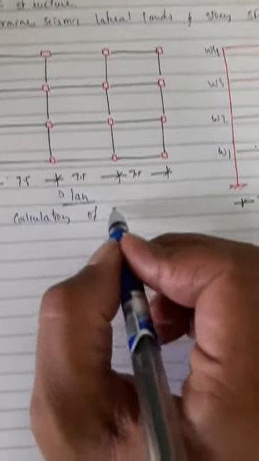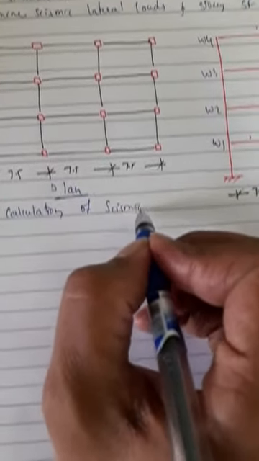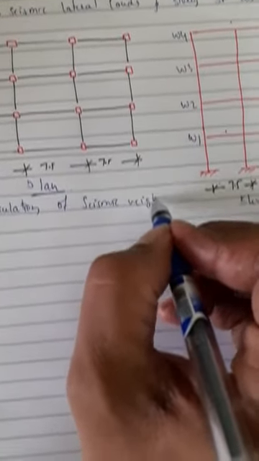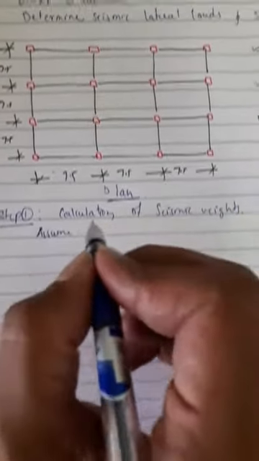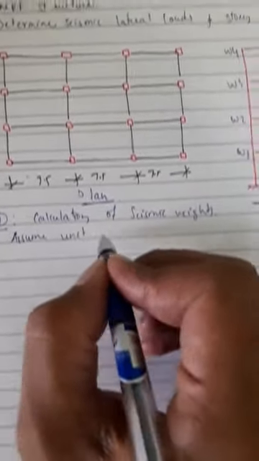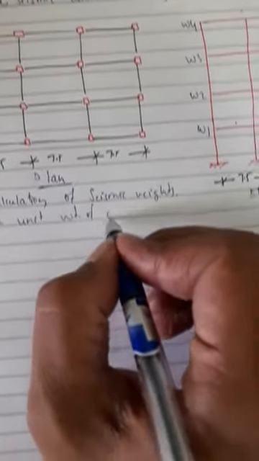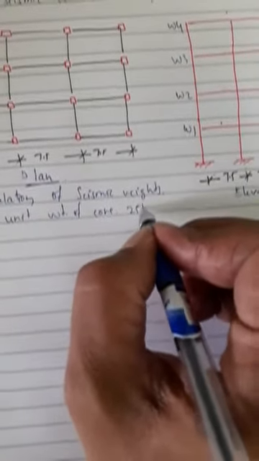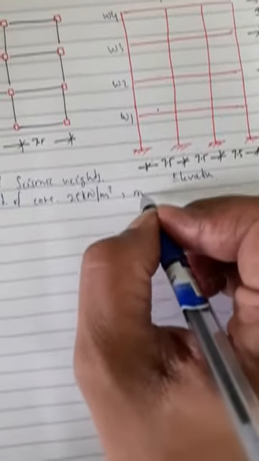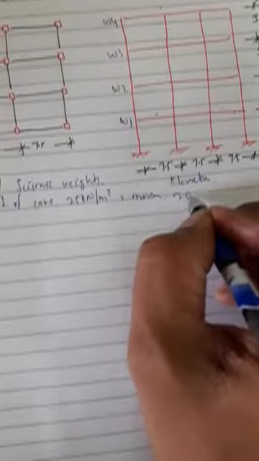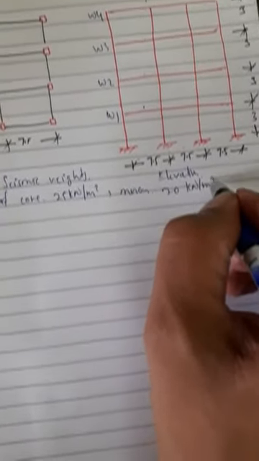Calculation of seismic weights. Assume unit weight of concrete 25 kilonewtons per meter cube and masonry 20 kilonewtons per meter cube.